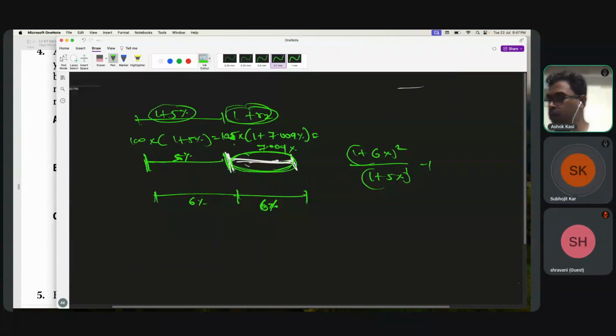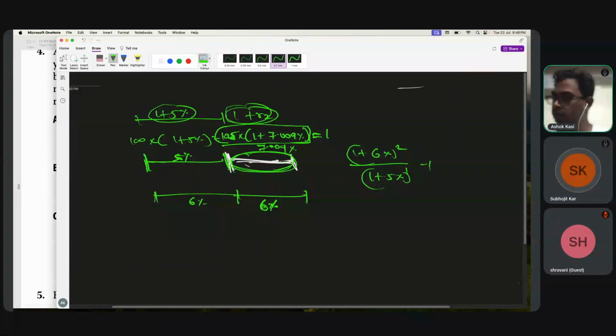How much is this coming to? 105 into 1 plus 7.009%. This is 1.1235. This is 105, no?